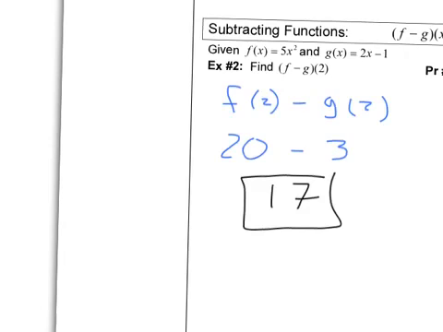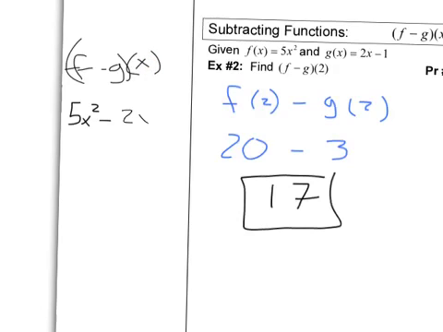just find, let's say like f minus g, sorry, it's a little funky, of just x. What would that mean if they just wrote that? Well, that would mean we're going to take 5x squared, and it's just 5x squared because all we're doing is leaving the x in. That's what that means there.